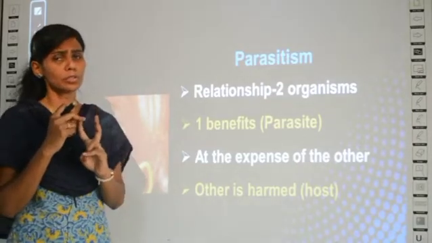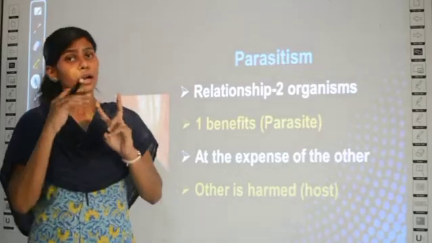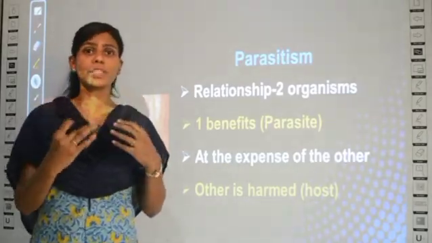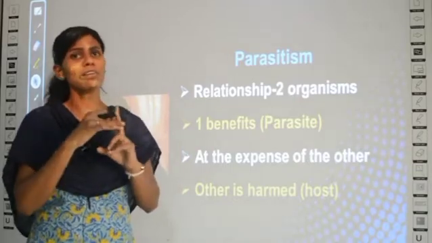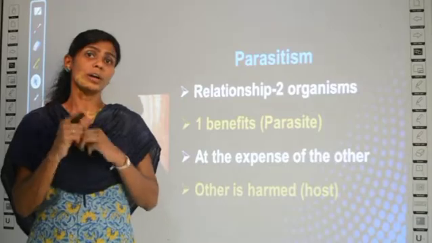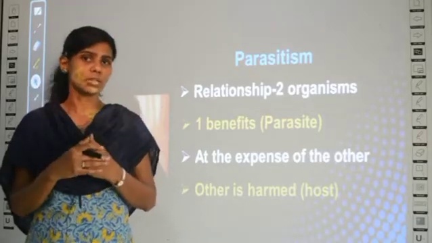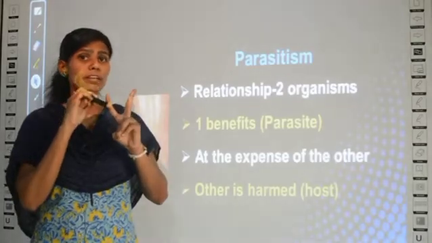In symbiosis, I told you the relationship is mutual, where A and B both will be benefited. A will give something to B and get something from B. B will give something to A and get something from A. So in symbiosis, both were benefited, right? But here in parasitism, one is benefited, and how?